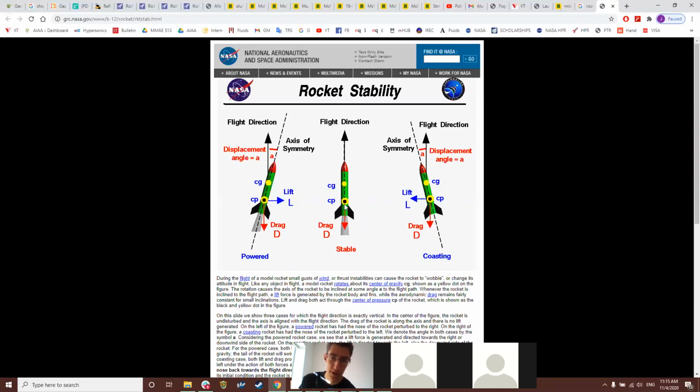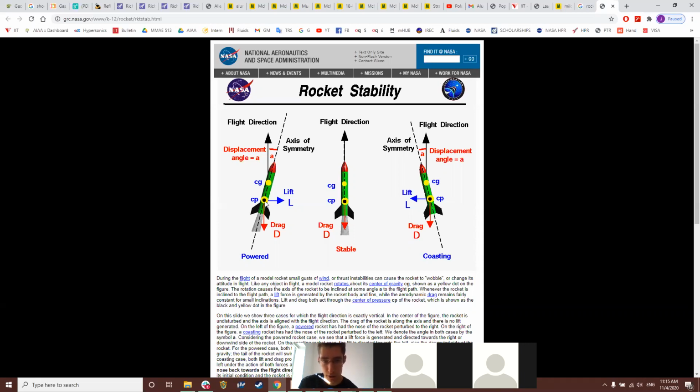And for rocket stability, it's very important that CG is above CP. And why is that? It's because if your rocket is tilted, if it has some angle of attack, basically the aerodynamic forces acting on fins, or let's say on CP, are going to create like a restoring moment that's going to push rocket to upright position back again.